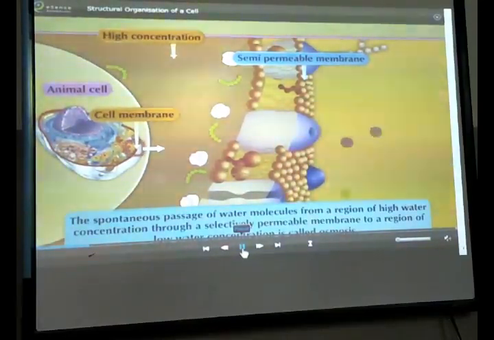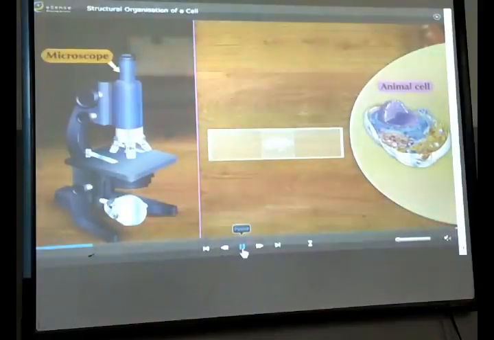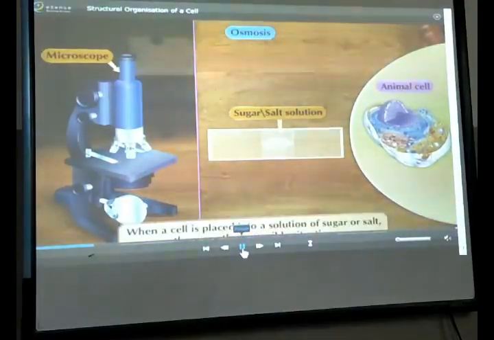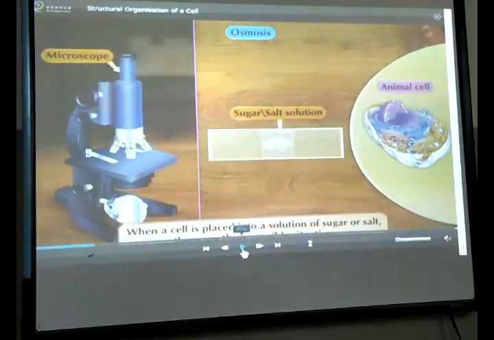So the cell takes these nutrients, or other substances, through these processes. The first, for gases, was diffusion, and for substances dissolved in water, it is osmosis.